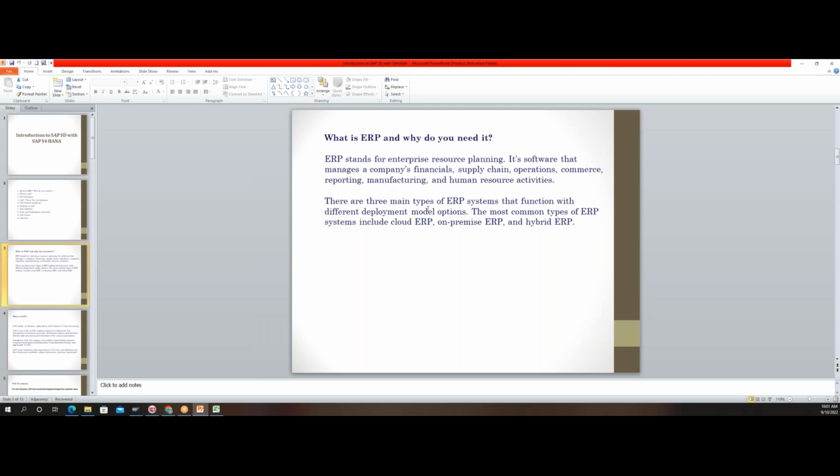And if, instead of having physical servers, they are approaching cloud service providers like AWS, Azure, Microsoft, IBM, so a lot of cloud service providers are available in the market now. So you're going to provide your specification and your requirement to them.